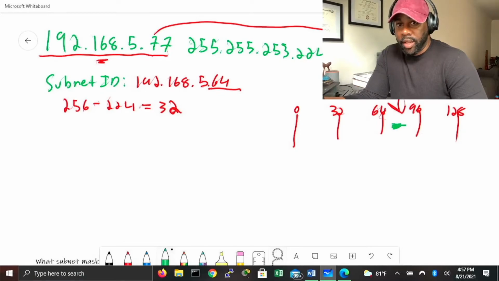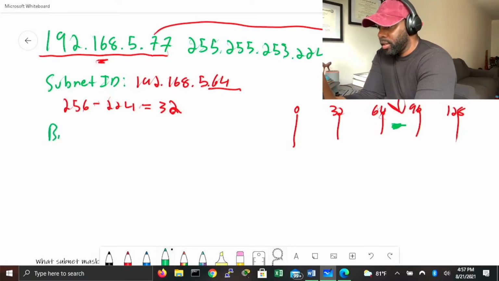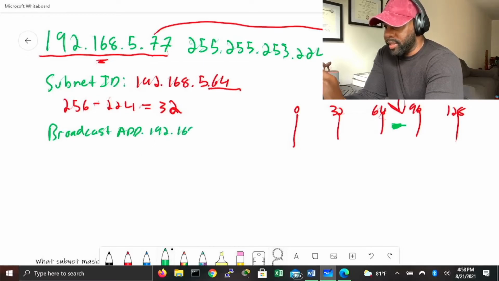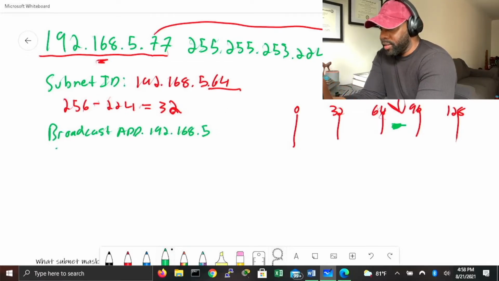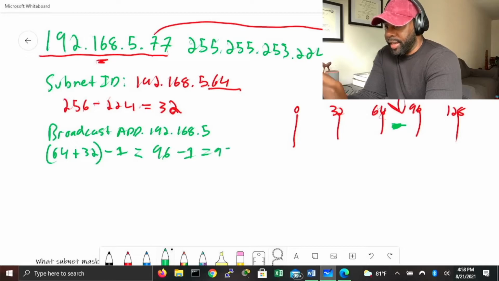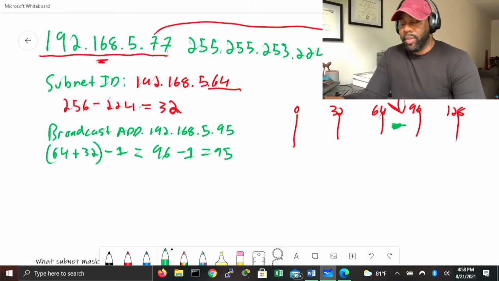Now, what is the broadcast address? We're going to go fast here: 192.168.5.64 plus 32 minus 1. Remember, order of operations: 96 minus 1, which is equal to 95. So dot 95. And how did we get that?